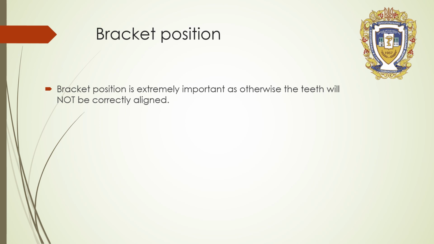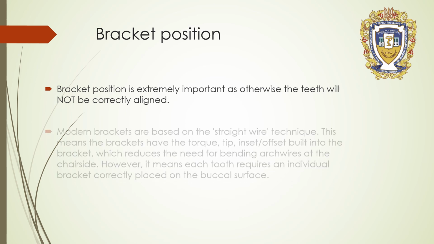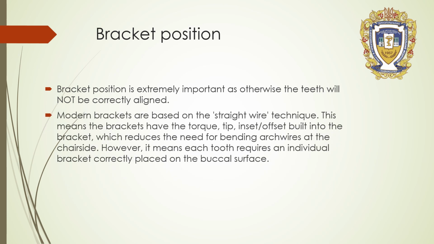So, what does it mean, bracket position? Bracket position is extremely important, as otherwise the teeth will not be correctly aligned. Modern brackets are based on the straight wire technique.